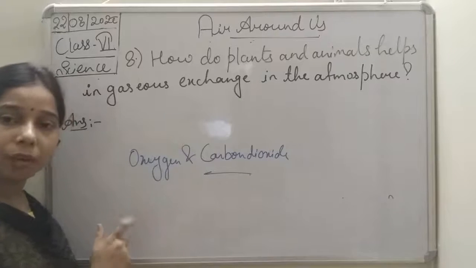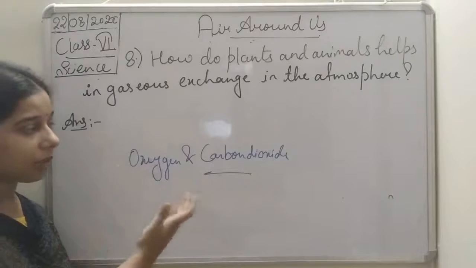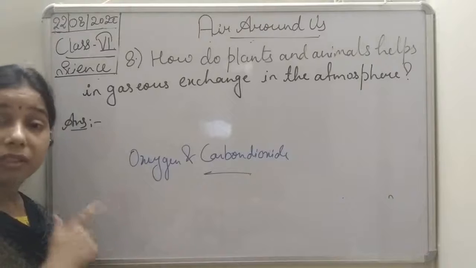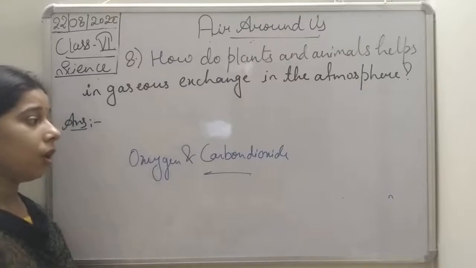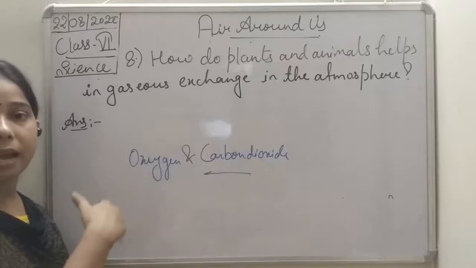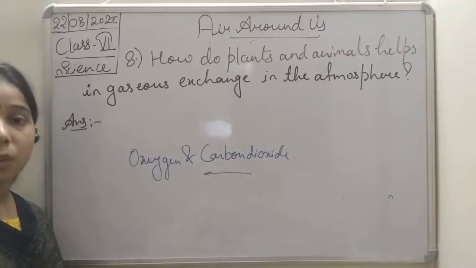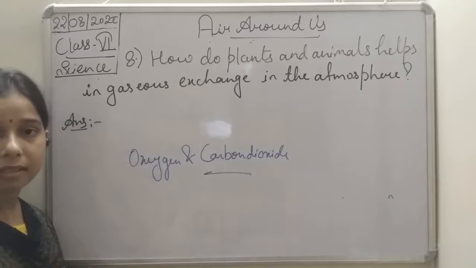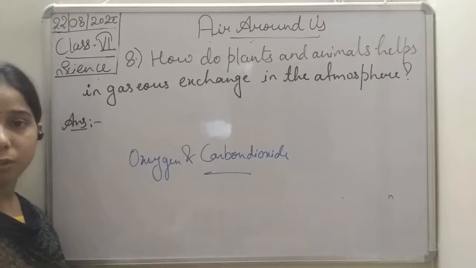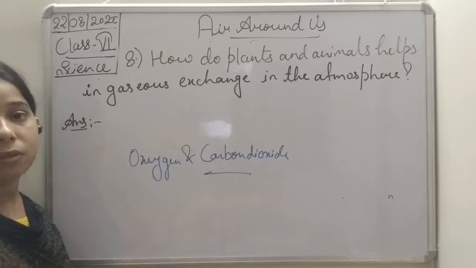Now after that, what will happen, student? We take oxygen and we give out carbon dioxide. So this carbon dioxide again goes into the atmosphere. Now the plants take this carbon dioxide and water, and in the presence of the sunlight, with the help of a process known as photosynthesis, they make their food. In this process, food is prepared as well as there is a release of a gas.